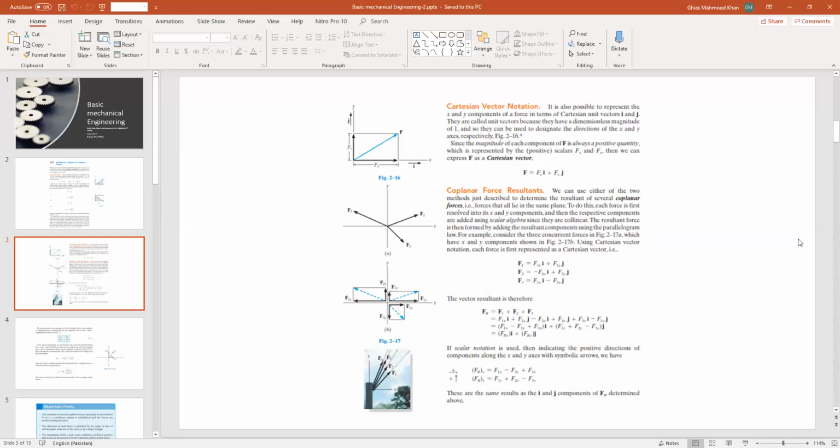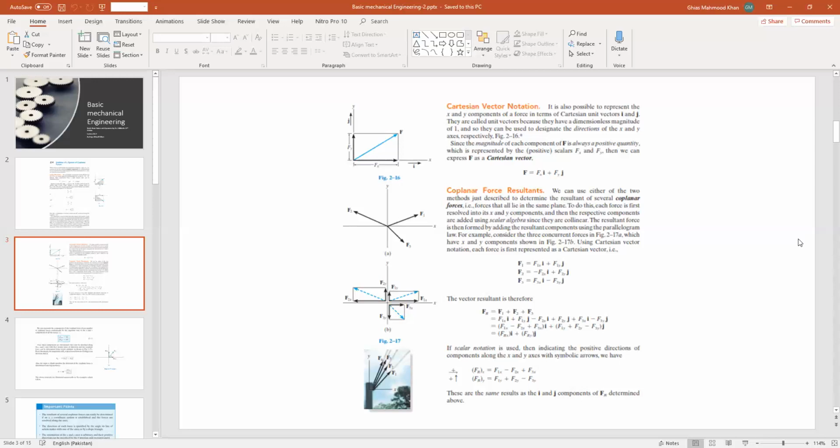If we have to find the resultant of all of them, we have to resolve the x and y components of each force. Then for the resultant, we algebraically sum the x components of all the forces and the y components of all the forces. Then we know the Pythagoras theorem, which applies to the right angle triangle.